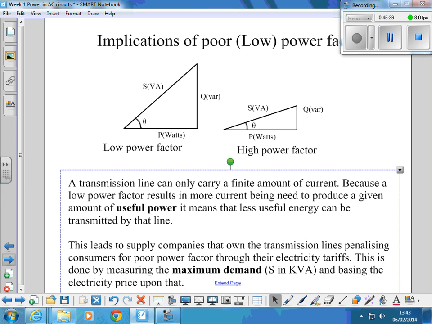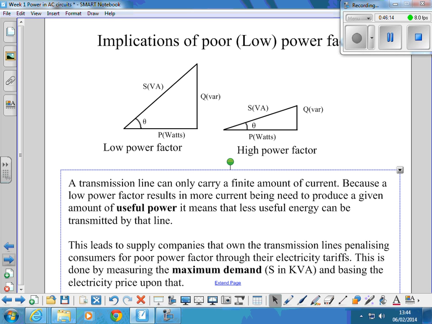A transmission line, like the national grid for instance, can only carry a finite amount of current for a given cable size and pylon size and everything. Because a low power factor results in more current being needed to produce a given amount of real power in watts, less useful energy can therefore be transmitted on that line if you've got poor power factor.